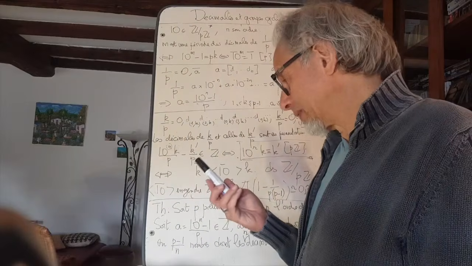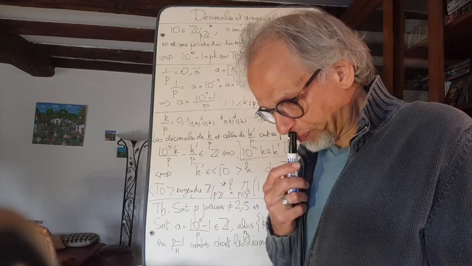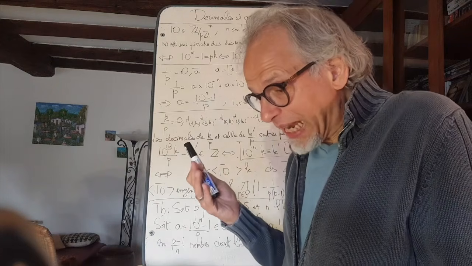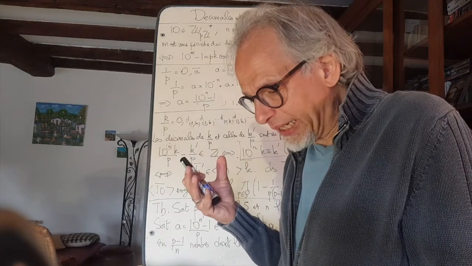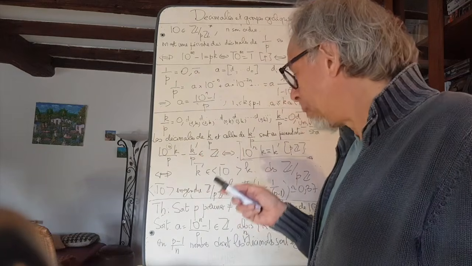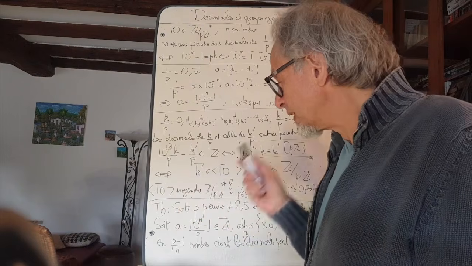So Emil Artin, who was passionate about this profound problem, found nothing better than to attack the problem from the perspective of statistics. That is to say, what is the proportion of prime numbers p such that 10 generates Z over pZ star?